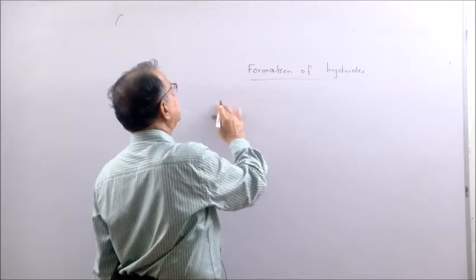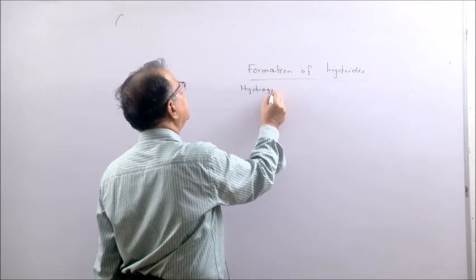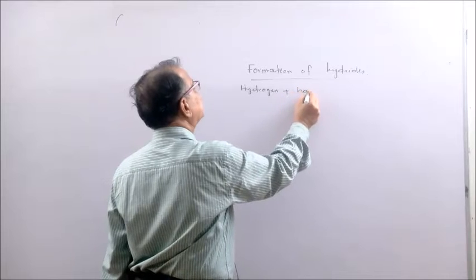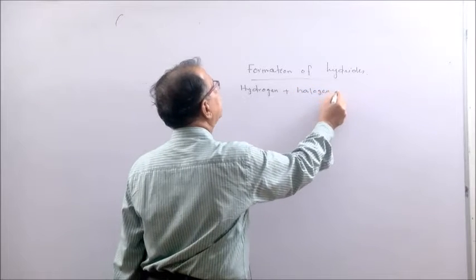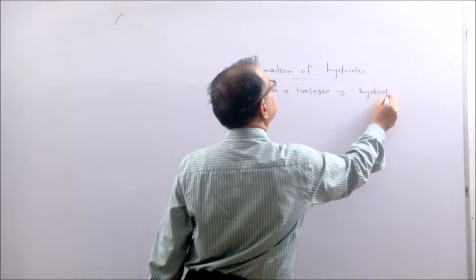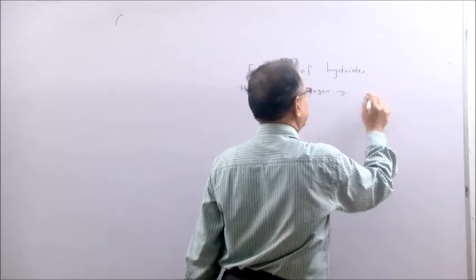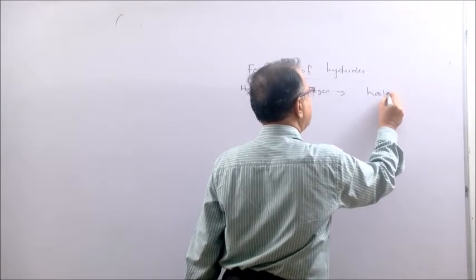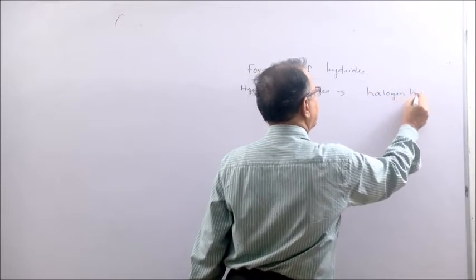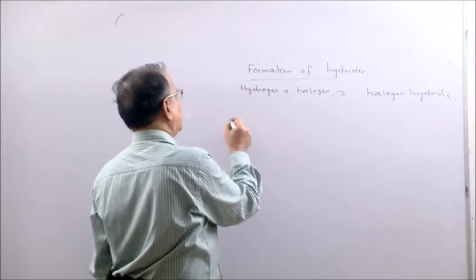The hydride means hydrogen plus halogen element. Hydrogen plus halogen group elements form hydrides. Hydrides of halogens, you may write halogen hydride.